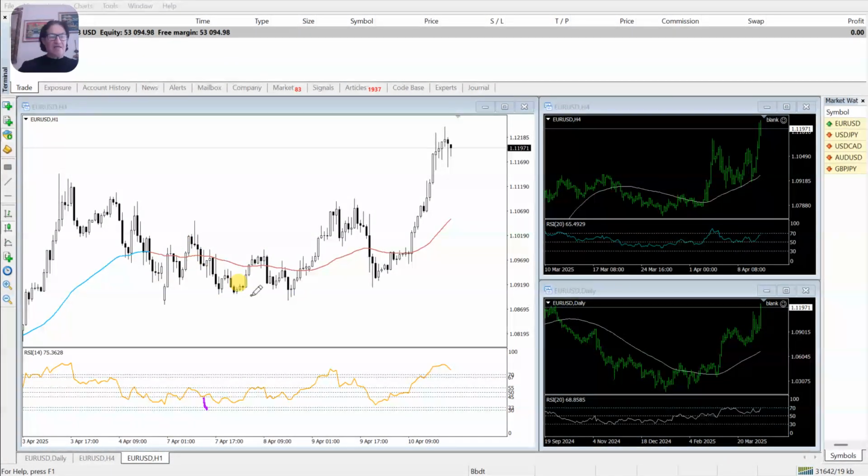Again, it's because we are sitting here in a consolidated pattern, and usually consolidation patterns are not very profitable to trade. They're more often than not unsuccessful. So that's also one reason, by the way, why I never trade consolidation patterns. I always look for actual breakouts up or down.